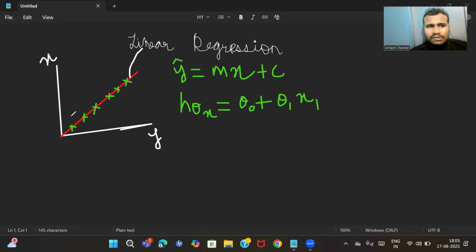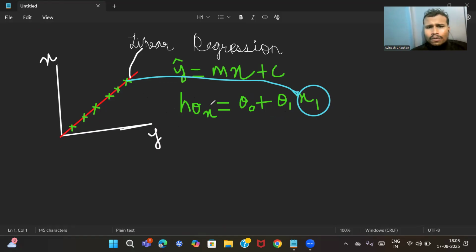This x1 is the same data point which we are taking into consideration, the first point, right?